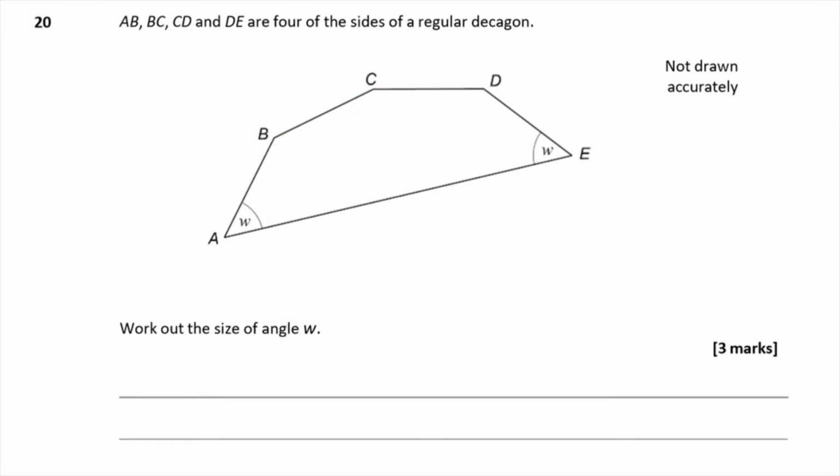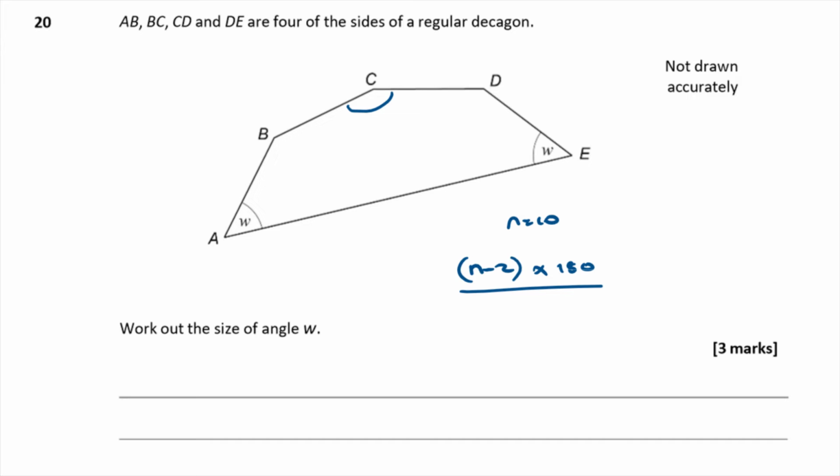Okay, so in a regular decagon, which is a 10-sided shape, what is that angle there? Well, a decagon has got 10 sides, so n is 10. The interior angles of a regular n-sided polygon is going to be n minus 2, the number of triangles inside the shape, times 180.